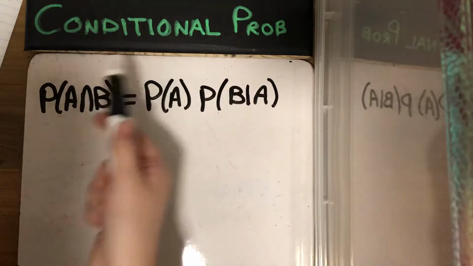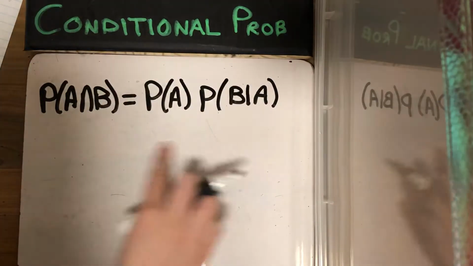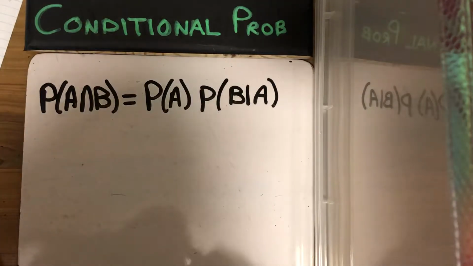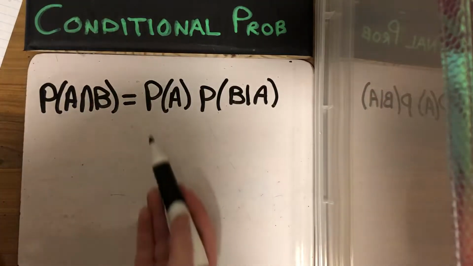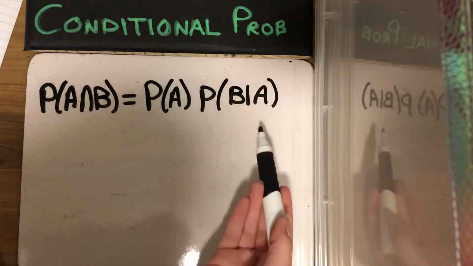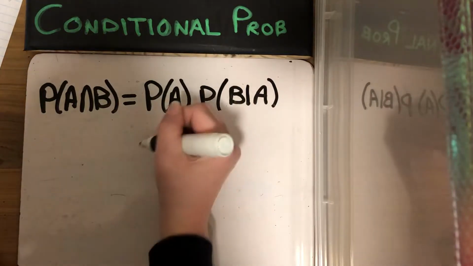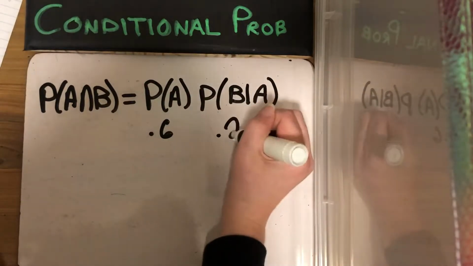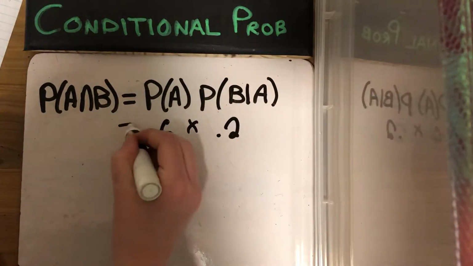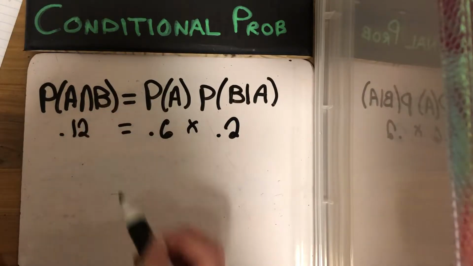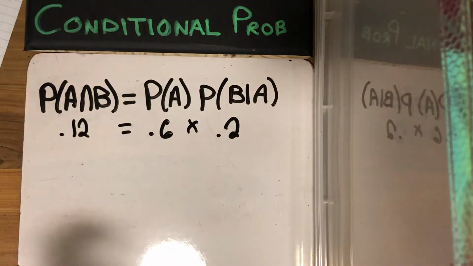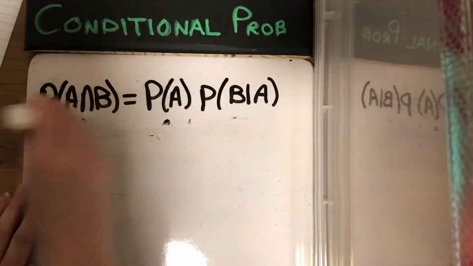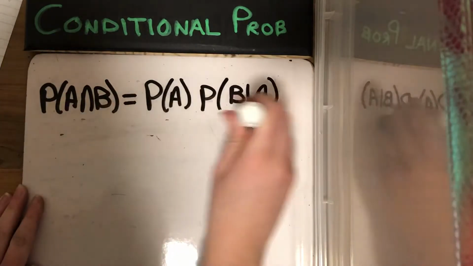So next up we have conditional probability, and right here I have written out the equation for conditional probability. So with this equation, if you were given probability of A and probability of B given A, say probability of A is 0.6 and probability of B given A was 0.2, you would multiply those, and that would equal 0.12. But what if you weren't given both of these numbers and instead you were given the intersection over here?